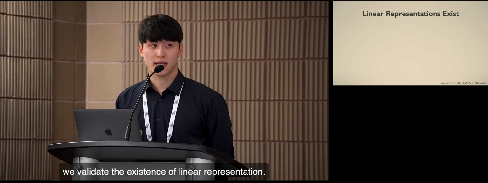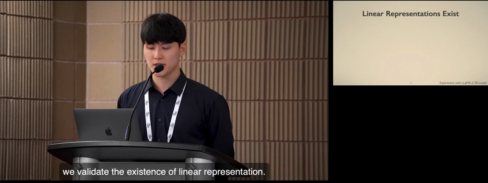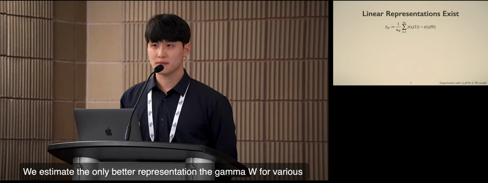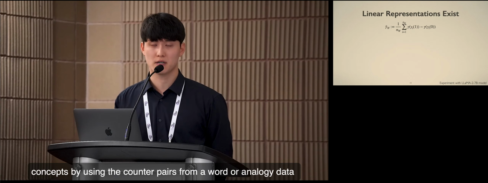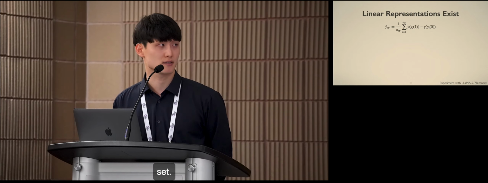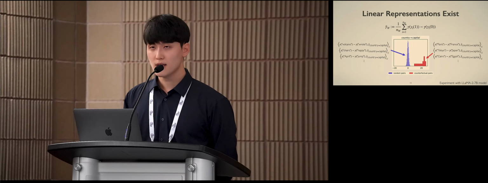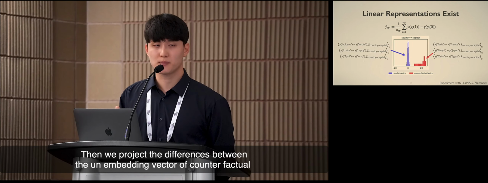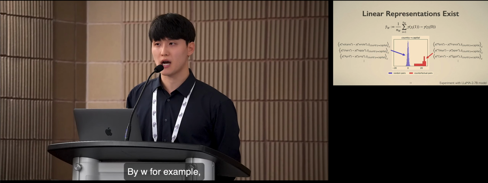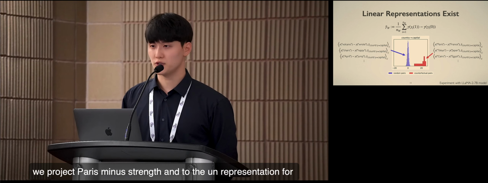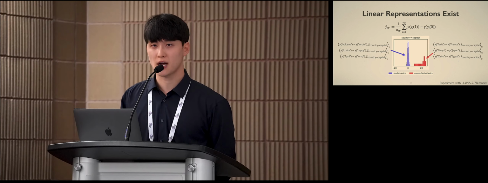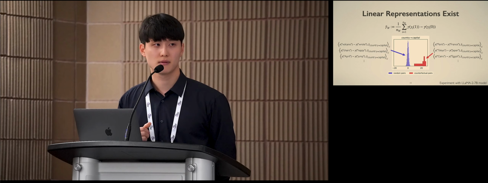First of all, we validate the existence of linear representation. We estimate the unembedded representation gamma bar W for various concepts by using the counterfactual pairs from a word analogy dataset. Then we project the differences between the unembedding vectors of counterfactual pairs onto gamma bar W. For example, we project Paris minus France onto the unembedded representation for the concept country to capital.